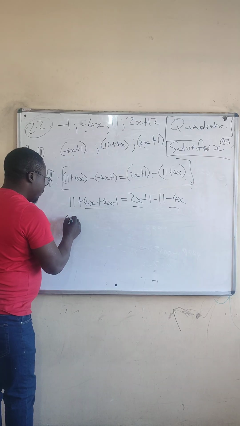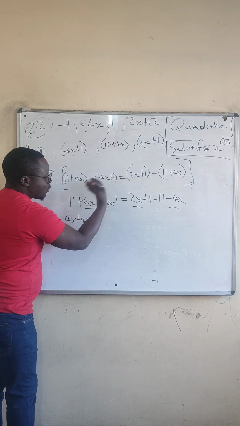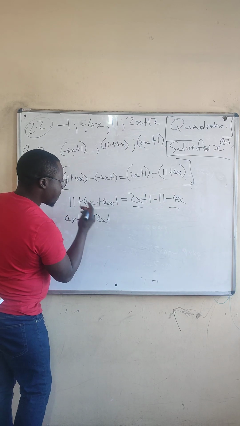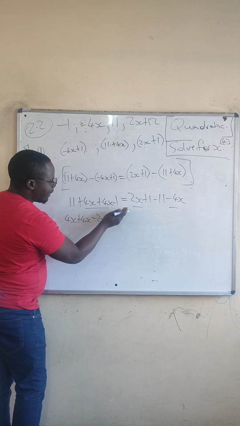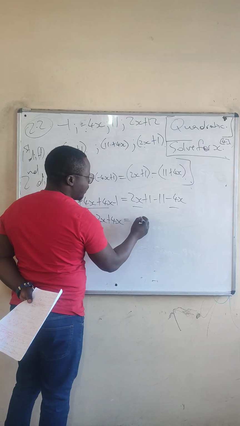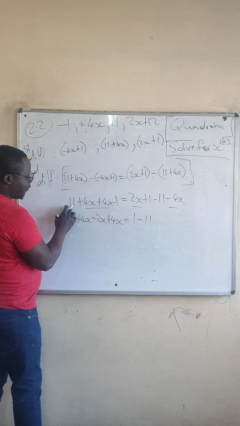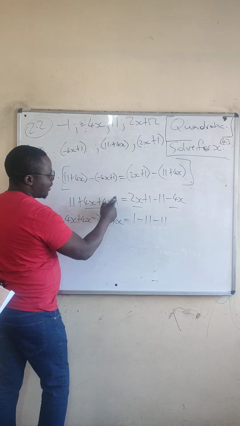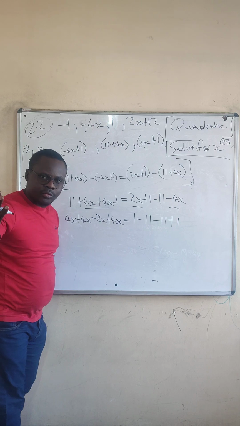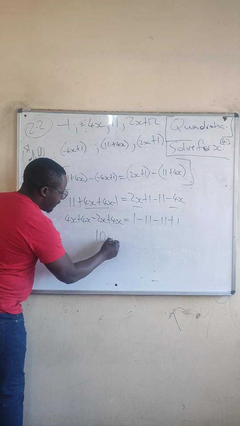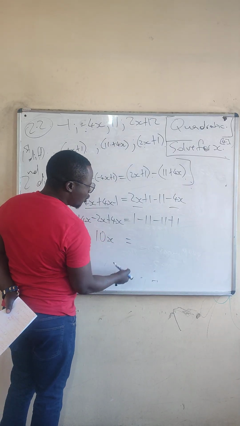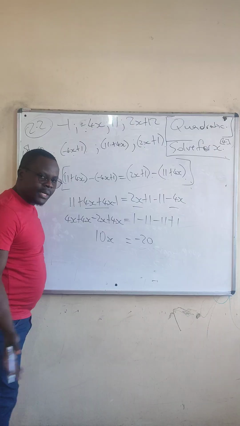One side: 4x plus 4x, bring 2x over here as minus 2x, bring minus 4x over here as plus 4x, equals 1 minus 11. Take 11 over, it's minus 11; take 1 over, it's plus 1. So 4 plus 4 plus 4 gives 12, 12 minus 2 becomes 10x, equals minus 11 minus 22 plus 2, which is negative 20.